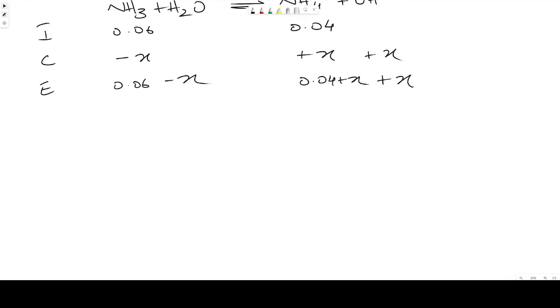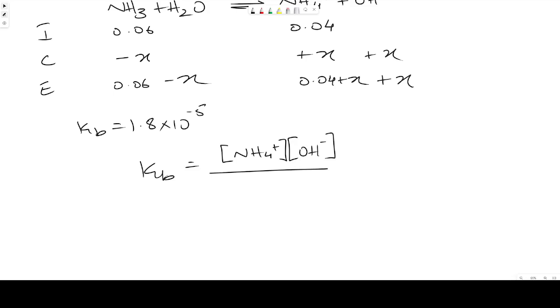So now we know our Kb for ammonia. It was given to us as 1.8 times 10 to the power of -5. The Kb equation is products over reactants in terms of their concentration. So this is NH4+ times OH- divided by NH3.